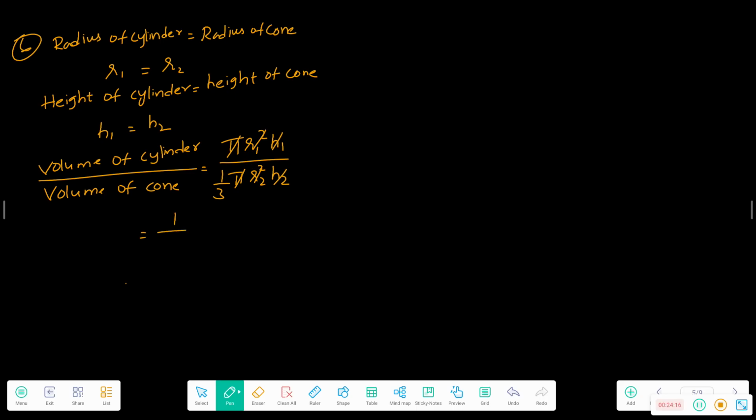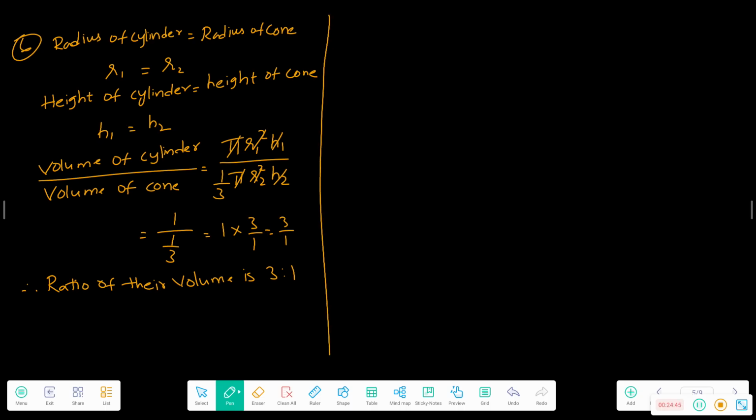So it will be 1 by 1 by 3, and due to the reciprocal it becomes 3 by 1. Therefore, the ratio of their volumes is 3:1. This is all about the sixth question.